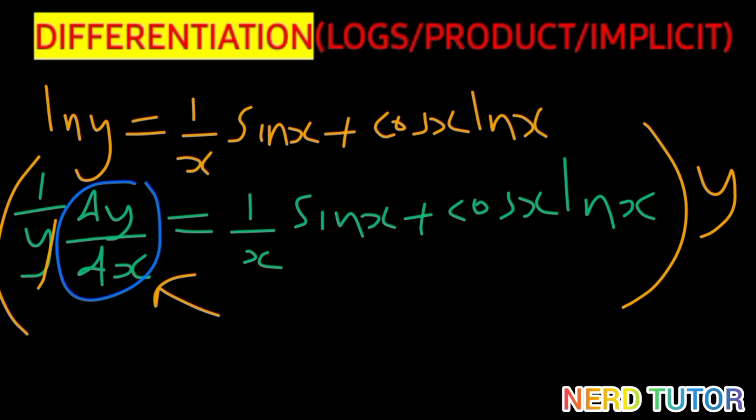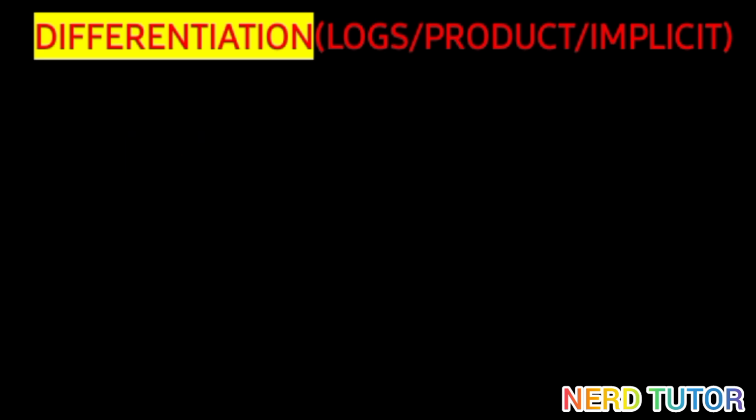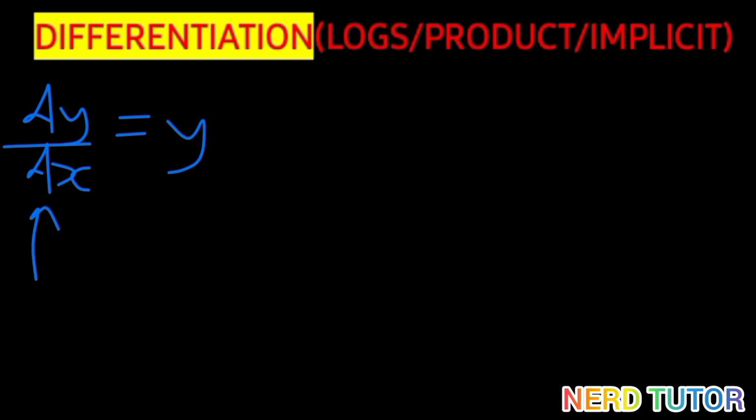Okay, let me write this on the next page. So it will be like this: dy over dx will be equal to y. Because mind you, this side we had 1 over y, but it has been cancelled or divided. y over y is 1, and 1 times dy over dx is dy over dx.